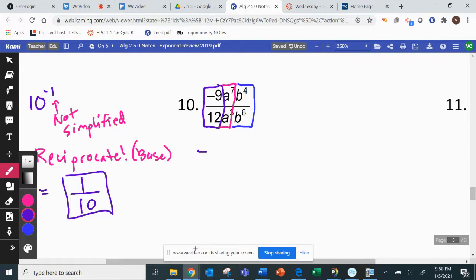So I'm going to look at -9 over 12, and I'm going to see if I can factor anything from the 9 and the 12. So -9 is -3 times +3, and 12 is 4 times +3. So I purposely picked 4 and 3 instead of 2 and 6 because I want these to cancel.